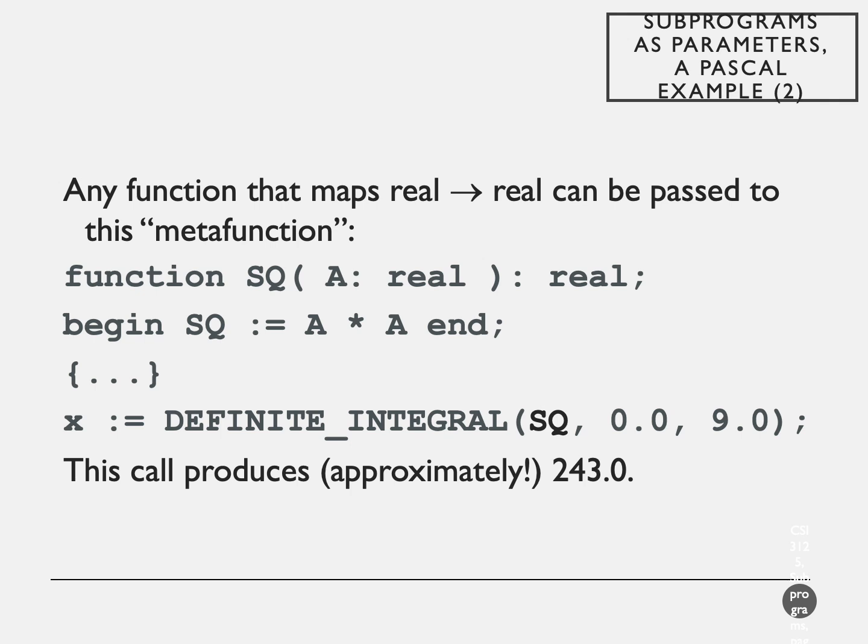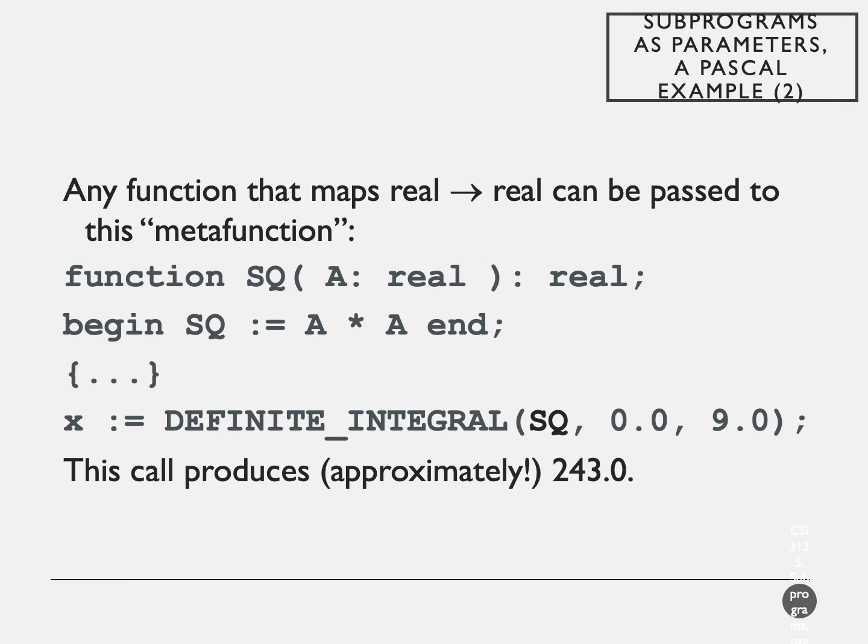Then we pass the sq function as a parameter to definite integral. This demonstrates how functions can be passed as arguments, allowing definite integral to compute the area under the curve y equal to x to the power 2 from 0 to 9.